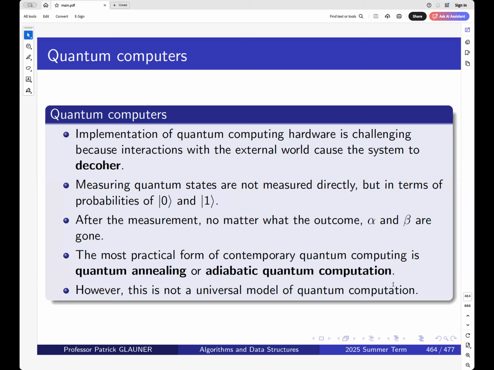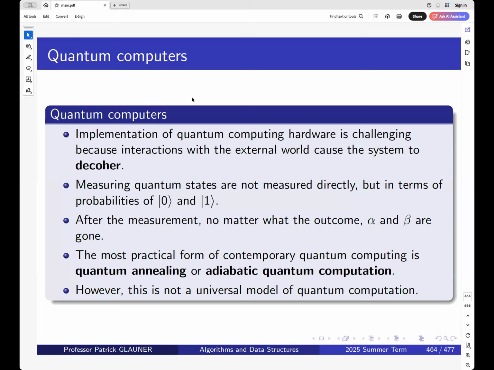But implementing this in hardware is challenging because a quantum computer keeps a quantum system. And if you study quantum mechanics, you will learn that a quantum system may interact with its external world. And this leads to decoherence. Decoherence means the quantum system loses its purity. Now, you could think about how can we isolate a quantum system from the external world? We cannot fully isolate it. So there will always be some decoherence.